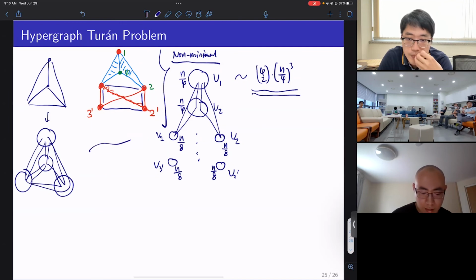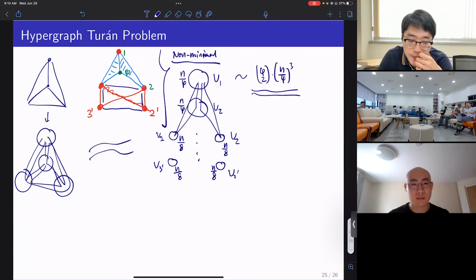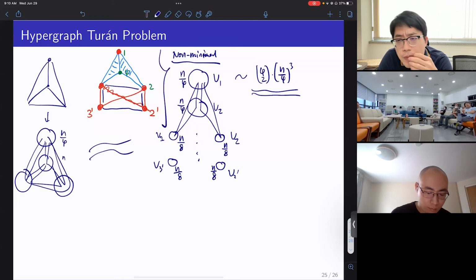These 2 have basically the same number of edges.